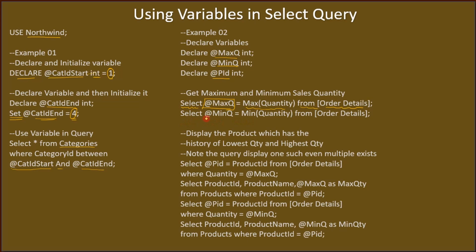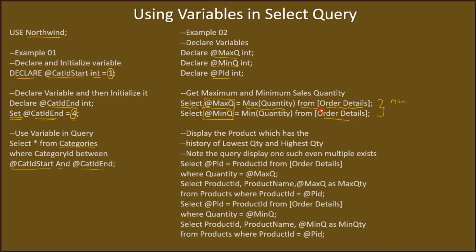Then the same way we are assigning the minimum quantity here. Select @minQ equal to min of quantity from order detail. So in these two statements we just retrieved the maximum quantity ordered and the minimum quantity ordered from order details.